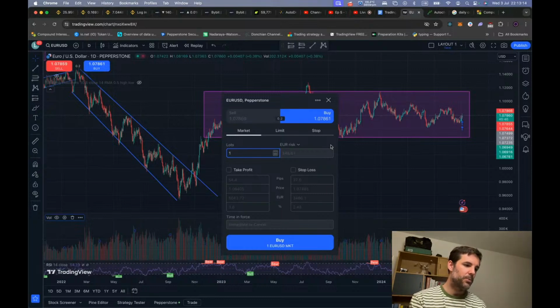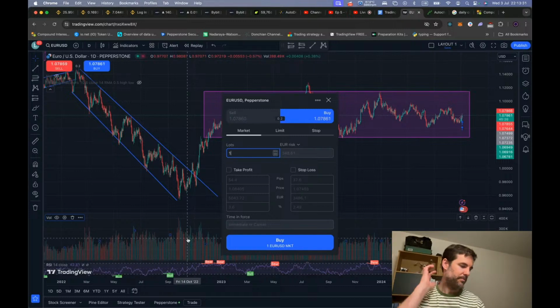One lot is 348 euros. And I think the volume are lots. We have 300, 200, sometimes spikes to 400, right? But let's say on average we have 200K.